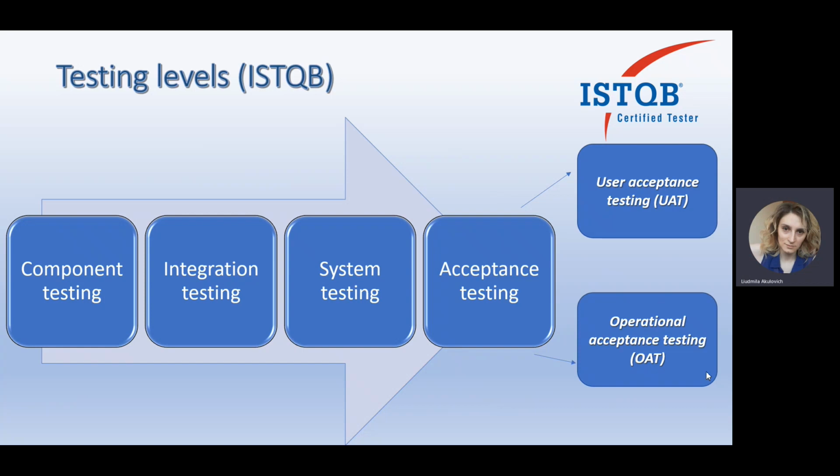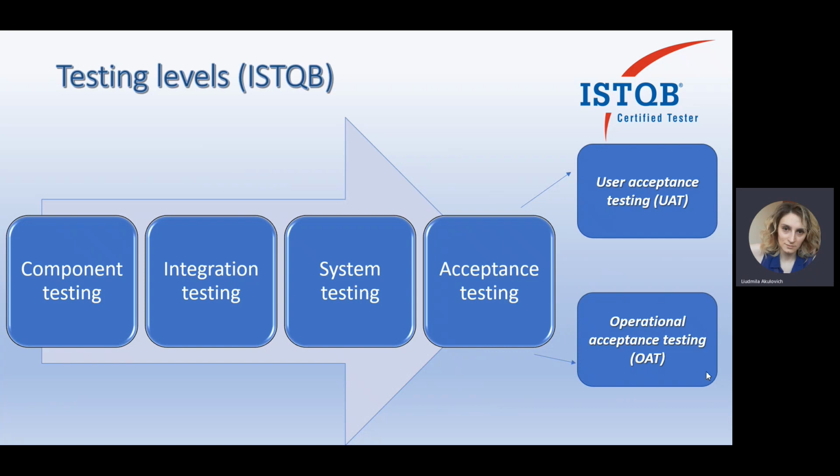Integration testing focuses on interaction between these components or between different parts of the system. System testing mainly focuses on the behavior of the system as a whole, our product as a whole.